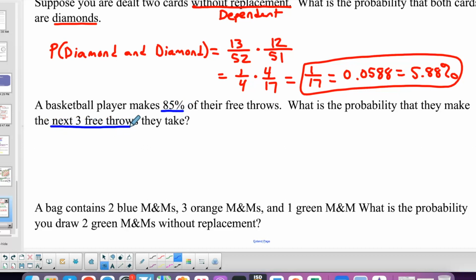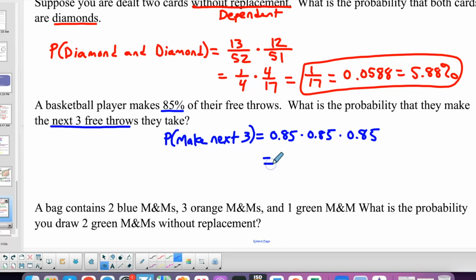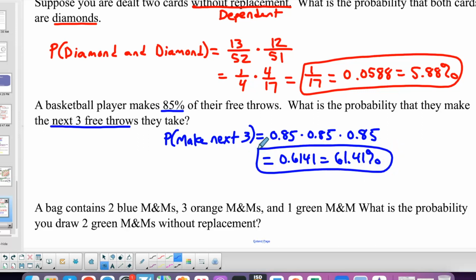So the probability that we make the next 3, it's just 85% 3 times in a row, or 0.85 times 0.85 times 0.85. That's really all this problem is asking us to do. And that comes out to 0.6141, or 61.41%.